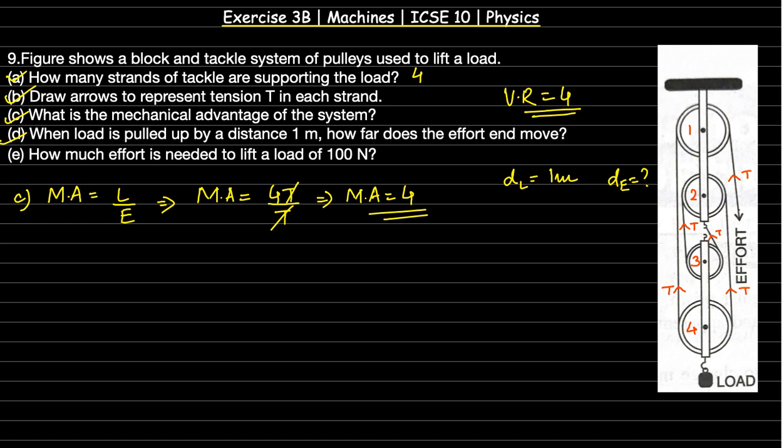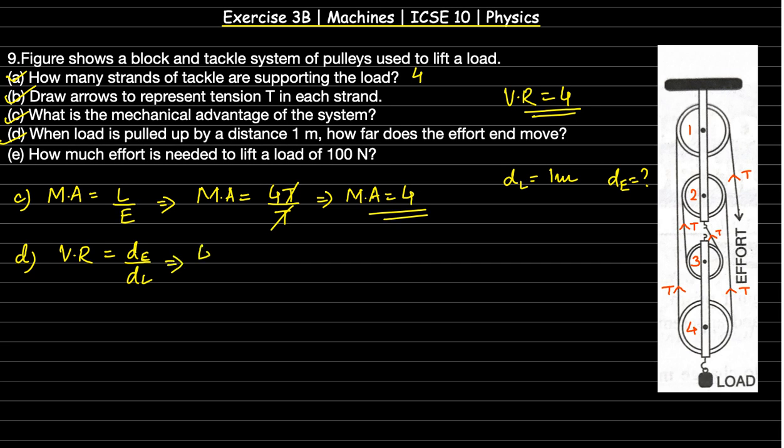So for this we would be using the velocity ratio formula, that is velocity ratio is equal to dE by dL. So this happens to be dE divided by dL. So we just substitute the values.